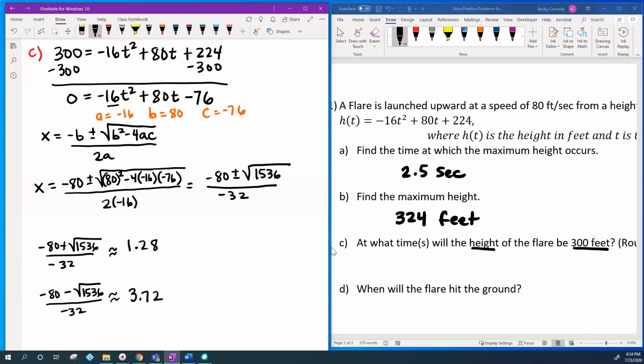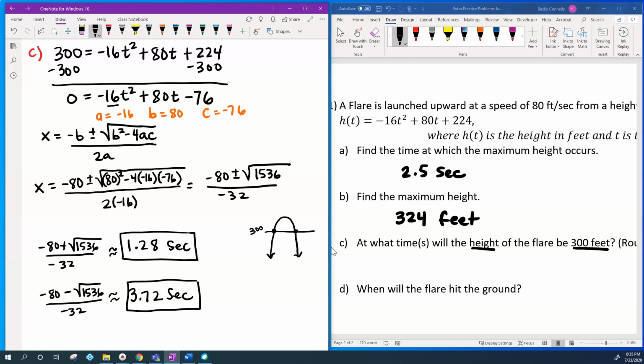They both came out to be positive answers, so they're both good answers. So just a little over 1 second, it's going to be up at 300 feet, and then when it drops back down, think about how this is going. It's launched from the ground, it goes up, maybe 300 feet is right here, so it's going to hit that 300 feet on the way up and on the way back down. That's why we get these two different answers.